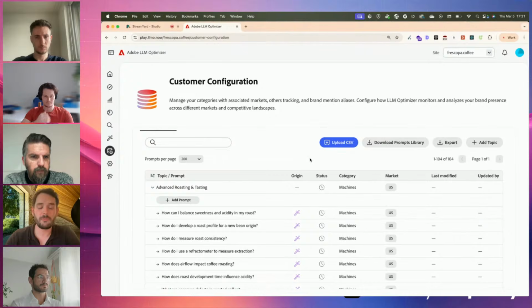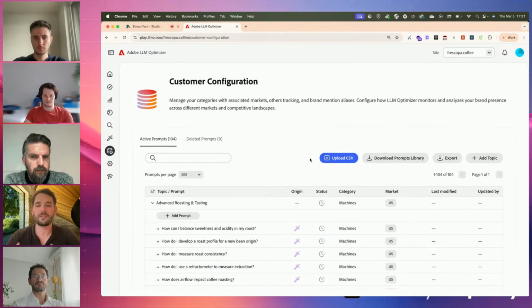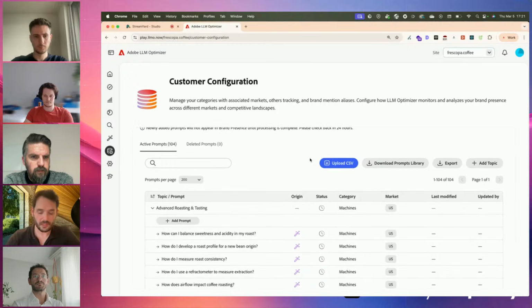When the tool is set up for a given customer, we provide a set of prompts that our system generates from various sources. That is a starting point. Most of the time, customers just keep those prompts because they like them. If they don't, they can remove them and add their own.